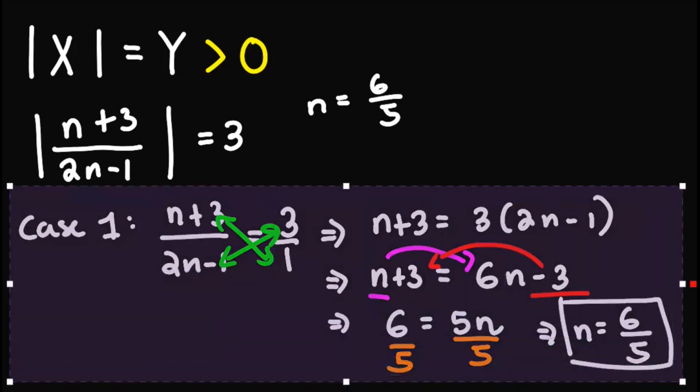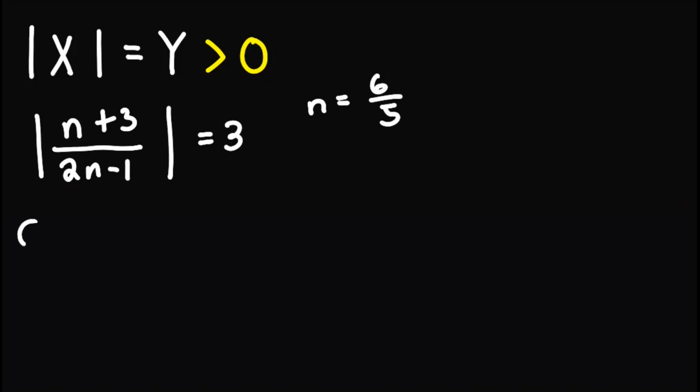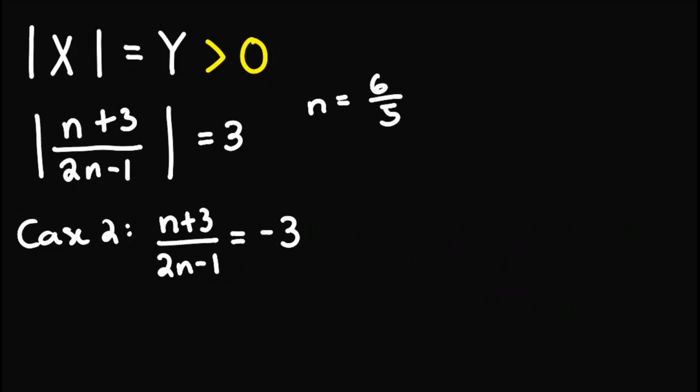We still have another case. Case 2. For case 2, we've got n plus 3 over 2n minus 1 is equal to the negative, which is negative 3. Applying the same concept, we can apply cross multiplication out here to obtain n plus 3 is equal to negative 3 times 2n minus 1.